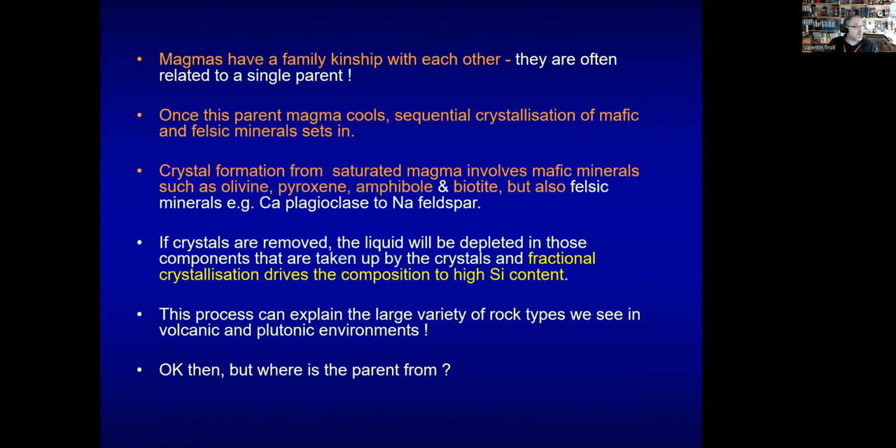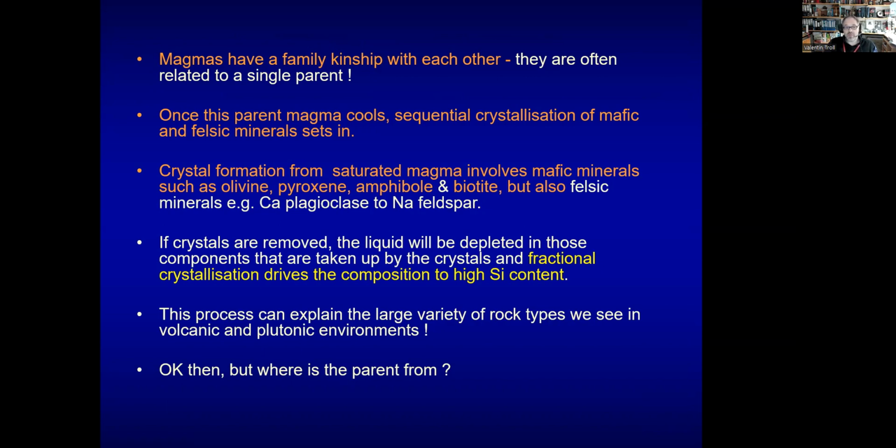So let's summarize here. Magmas have family kinship with each other because they are often related to a single parent. And once the parent cools, sequential crystallization of initially mafic and then felsic minerals sets in.